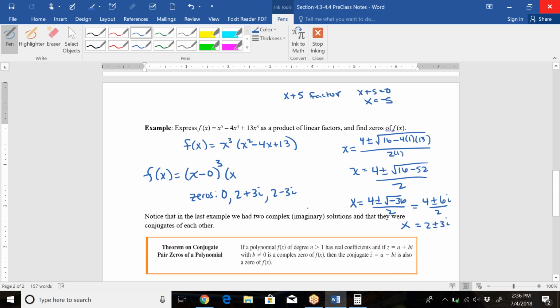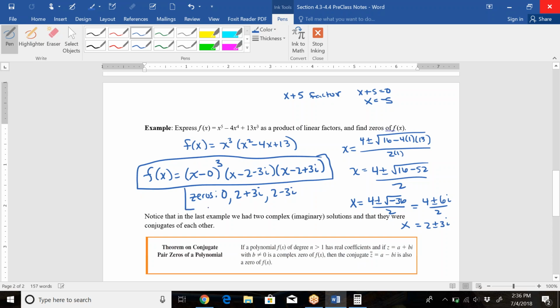Those are our zeros. So when we write them as factors, you do opposite signs. So x minus 2 minus 3i and x minus 2 plus 3i. So that's how you write complex factors. You just change the signs as you move them over. So there's my factored form, and there are my zeros.